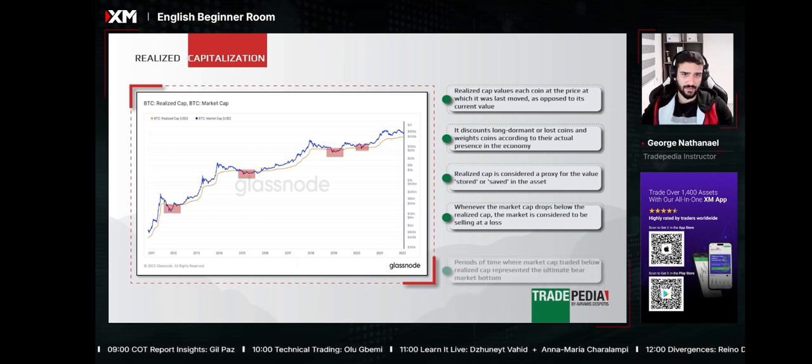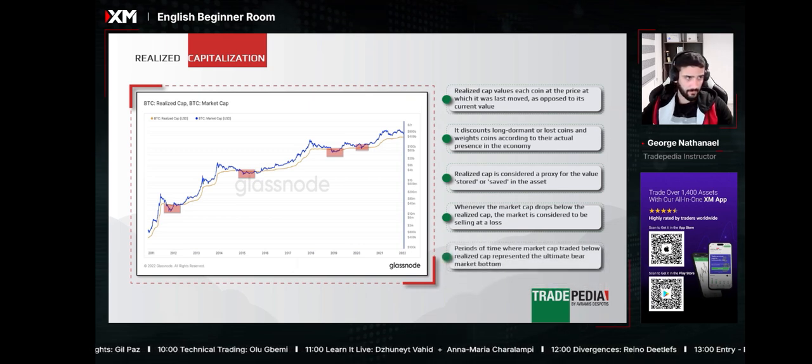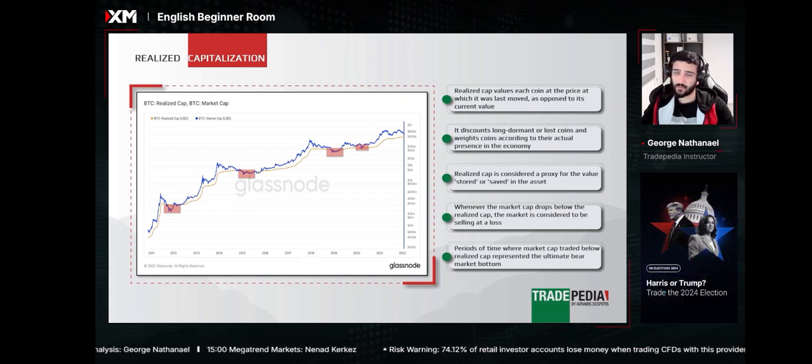Now, in this metric, guys, we have the realized cap in this yellow line, and in blue, the market capitalization. So, when the market cap dropped below the realized cap, actually, overall, it was a good historical buy zone to watch for some signals to enter the market and go long.